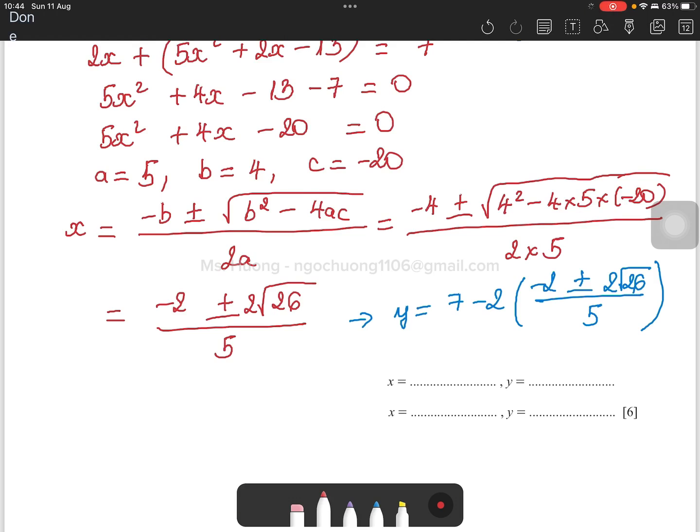The positive value for x is 1.64 and the negative value is negative 2.44. The corresponding value for the positive x is y equals 3.72, and if x is negative, y is 11.88.